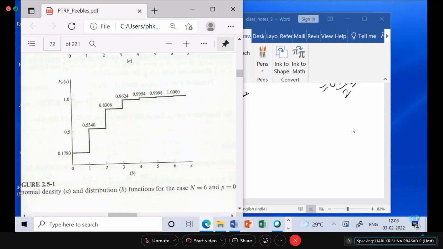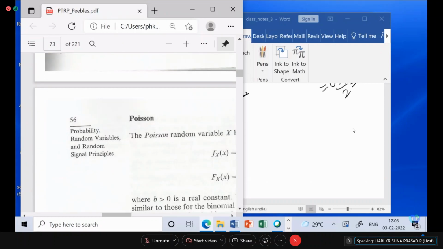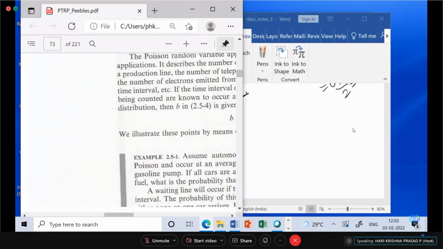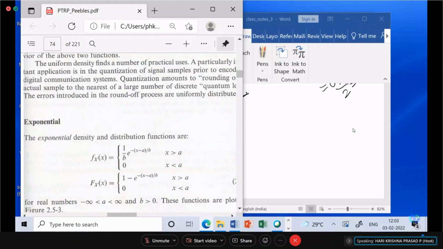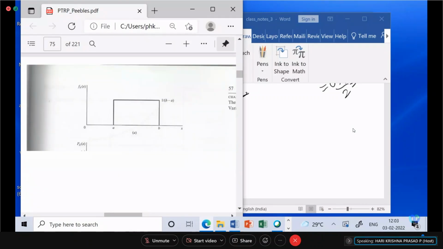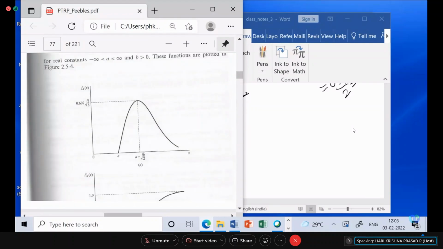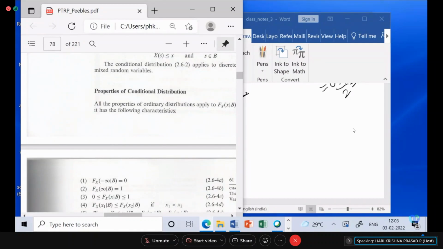Today, after this, what I have planned to cover is the concept of conditional probability density function and distribution functions. Is there anyone having questions in the previous topics, please? Please unmute yourself and speak.